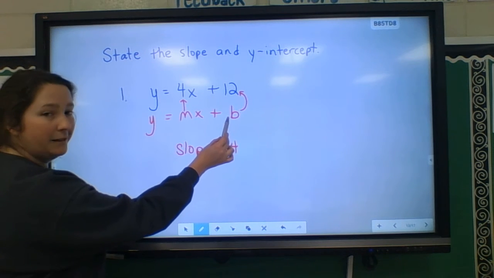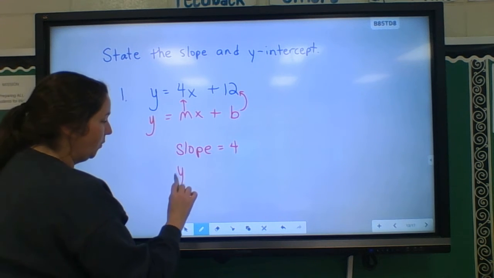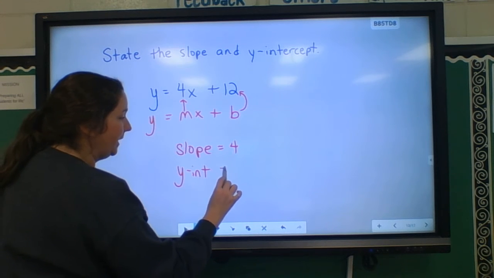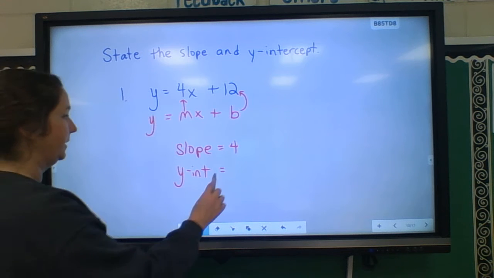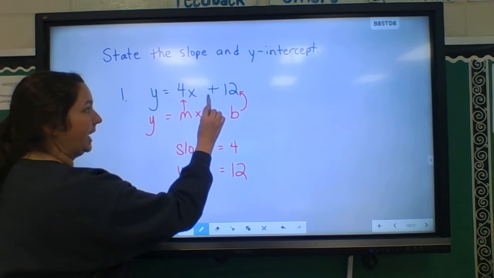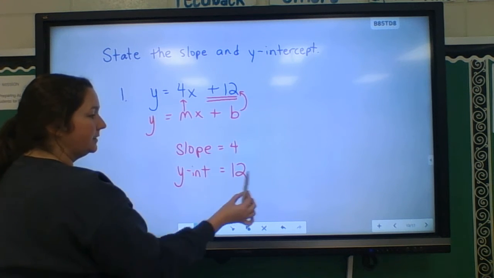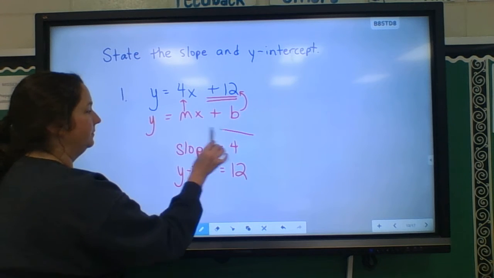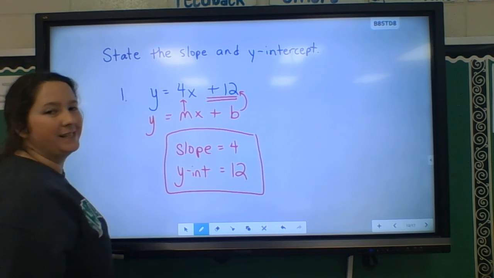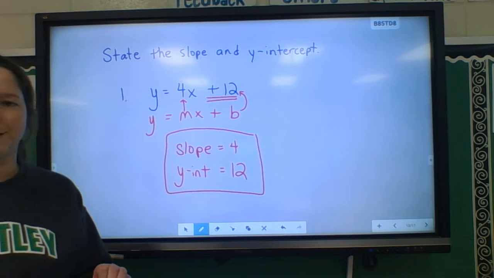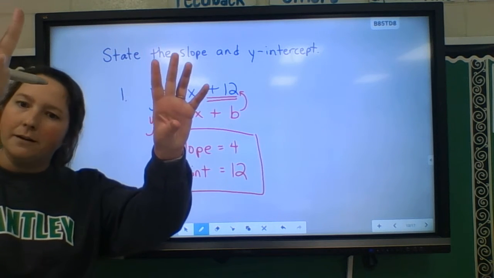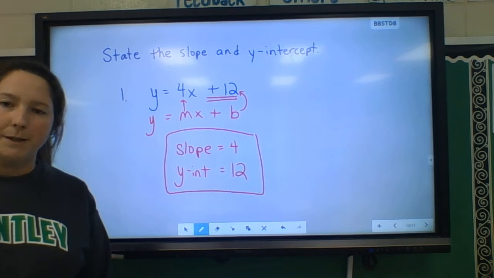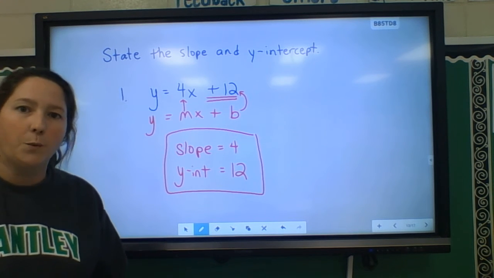What does b stand for? What's it represent? Y-intercept. Okay, so you know me, I like to do little shorthands. I'm going to do INT for intercept. And it is a plus 12, so it's a positive 12. We are stating the slope and y-intercept, not doing anything else. Just taking those numbers out of the equation, dropping them down, finding out which one's which.